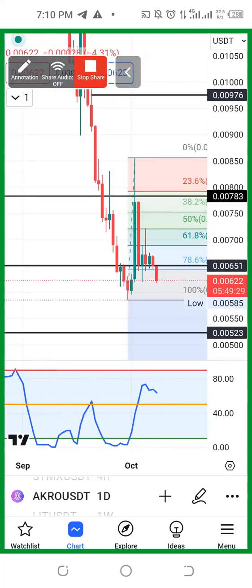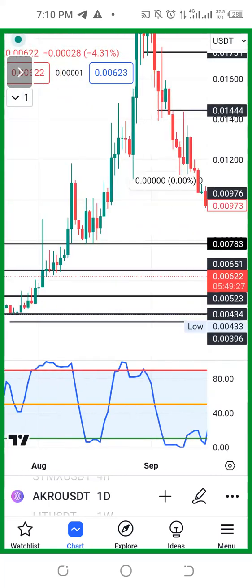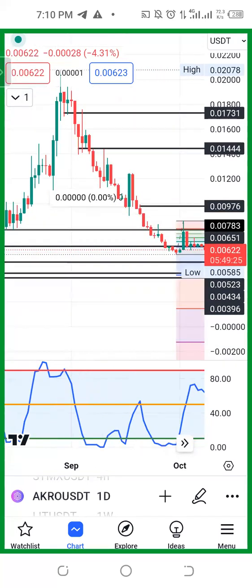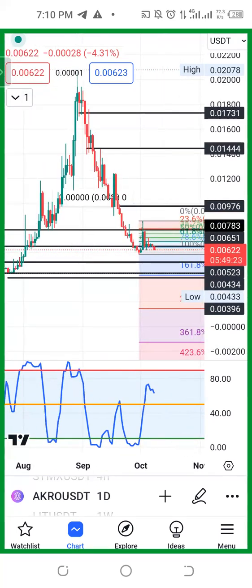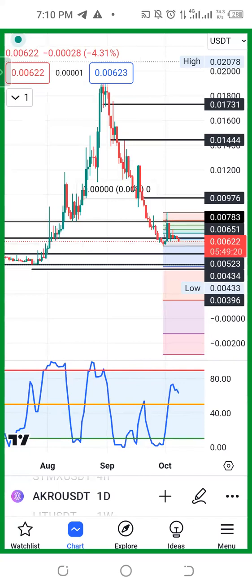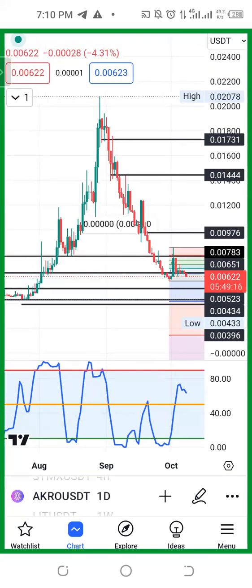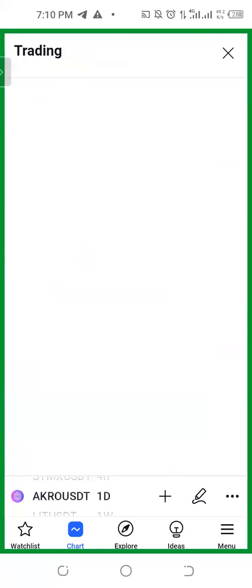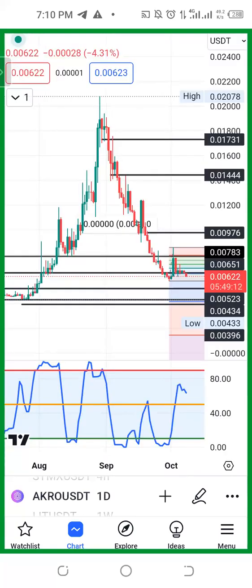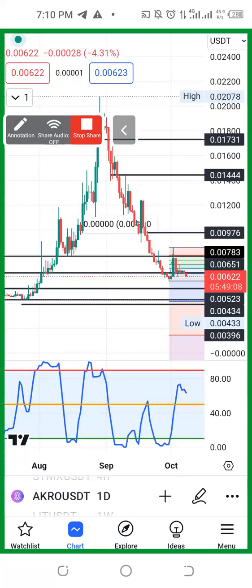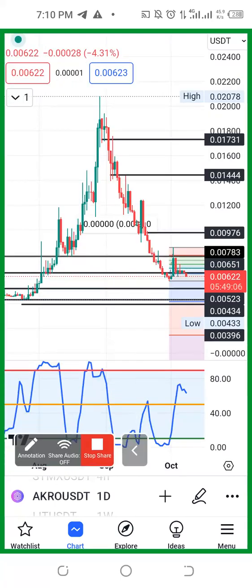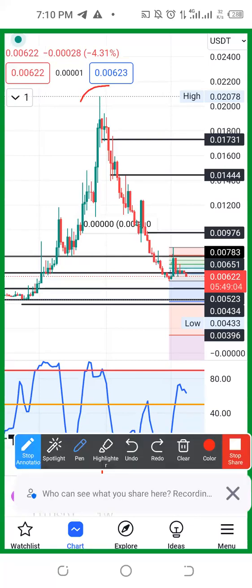See, in the 1 day chart, this coin is still going down. And it's already forming a structure here. It's already forming a head and shoulder. You might not know all these things in crypto. It's a trade pattern. This is the head.